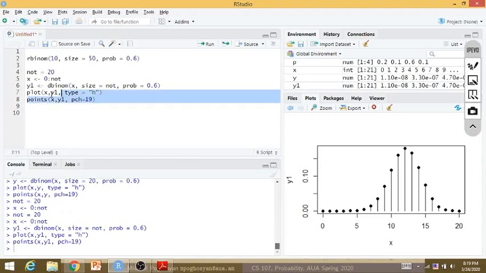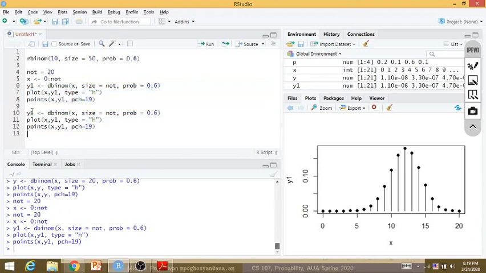So I'm copying this, Control C, pasting here, changing the name to y2, changing the probability to 0.3, and let me give another color here. I want to plot it in red, and I want to have my points in red color too. Color is red.